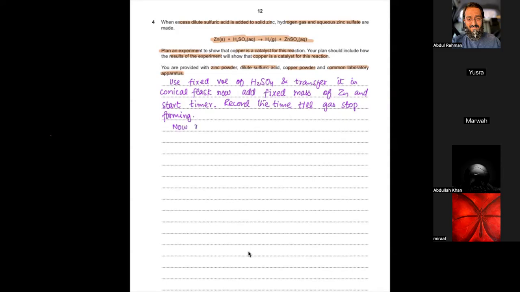Now repeat the experiment, but add copper before zinc and record the mass of copper.